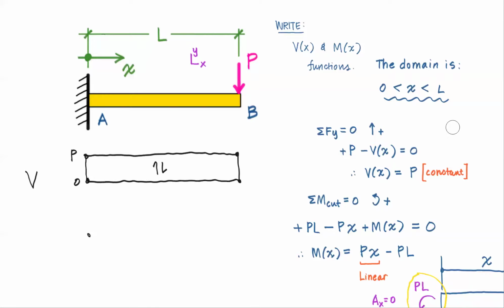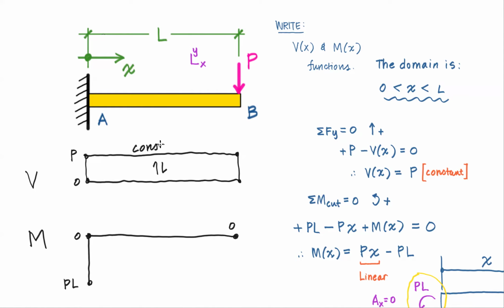Continuing on to the moment diagram, so there's my 0 line right there. Here's my moment function. The first thing I'm going to do at the left support is jump down because of the reacting moment, P times L. There's a discontinuity there. And then increase by the area of the shear diagram.